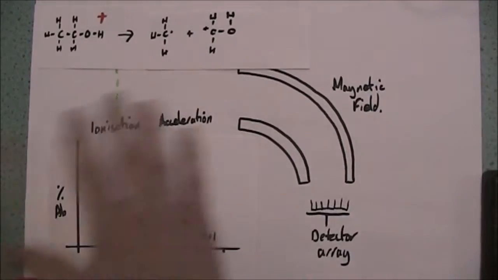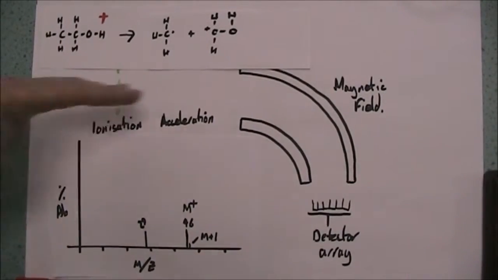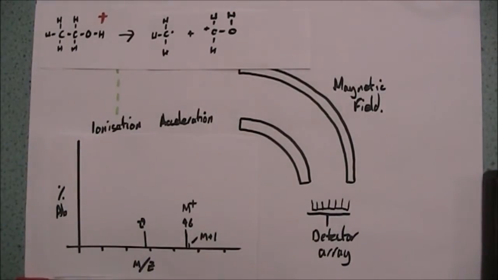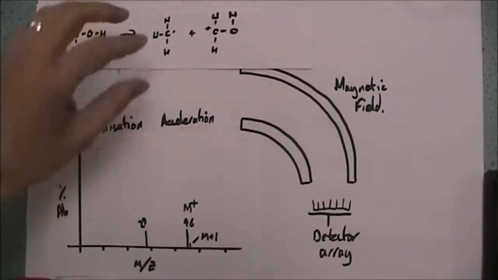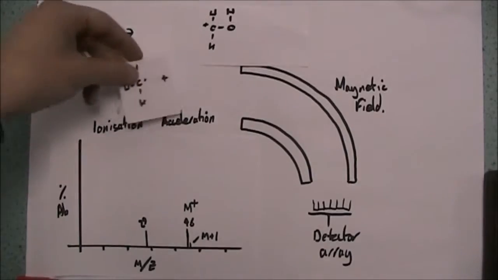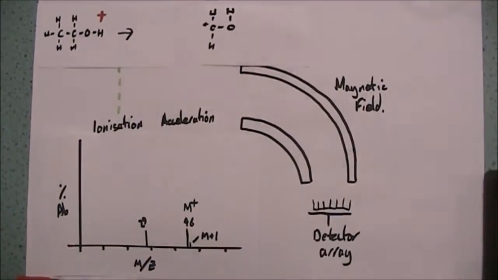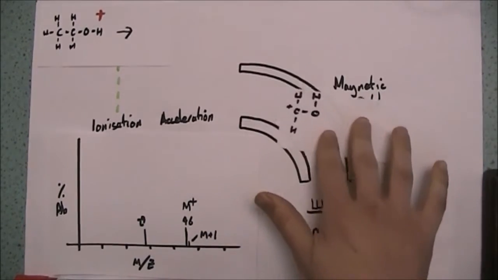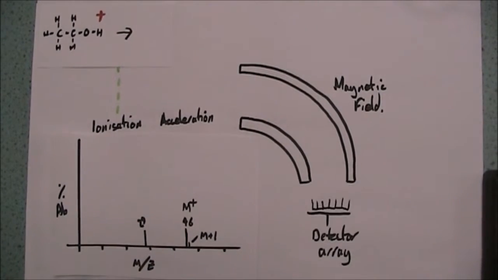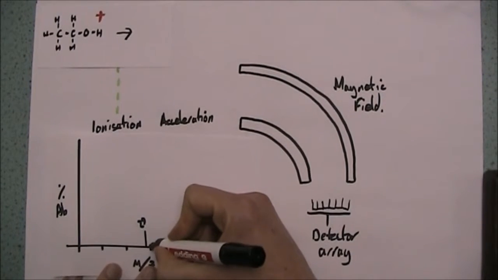Again, the radical is going to go through the acceleration phase and hit the walls of the magnetic field, so it's not going to be detected. It's gone. And then this one here will go round and be detected here. This time we'll get a peak at 31.